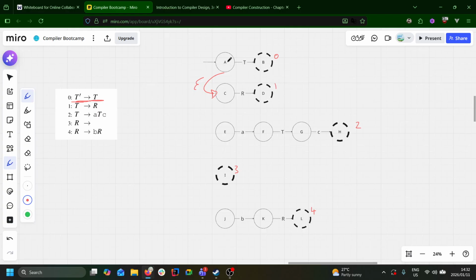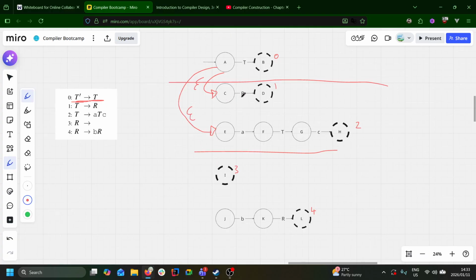So, for example, A has an outgoing transition to B using non-terminal T, and the NFA segments that are from T are 1 and 2 over here. So it's these guys. So what we're going to do is add an epsilon transition to the start of the segment here. We're going to add another one over here.